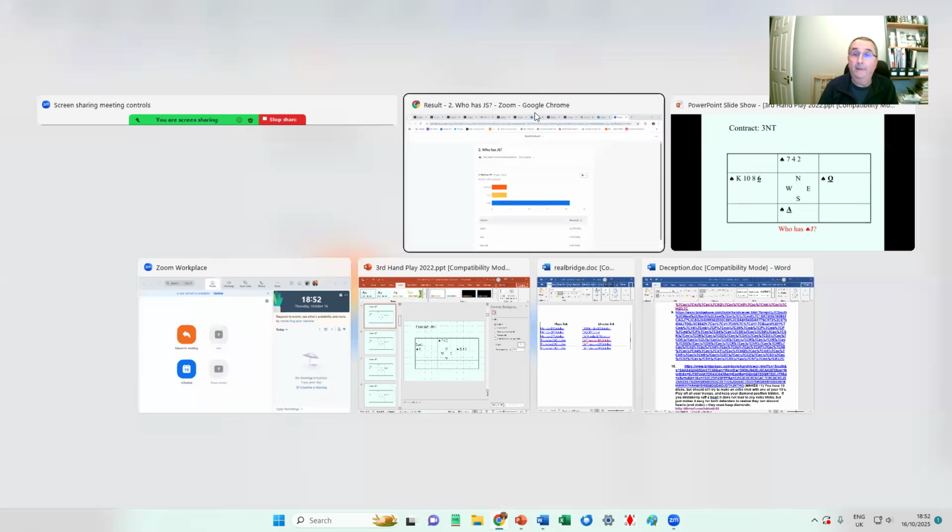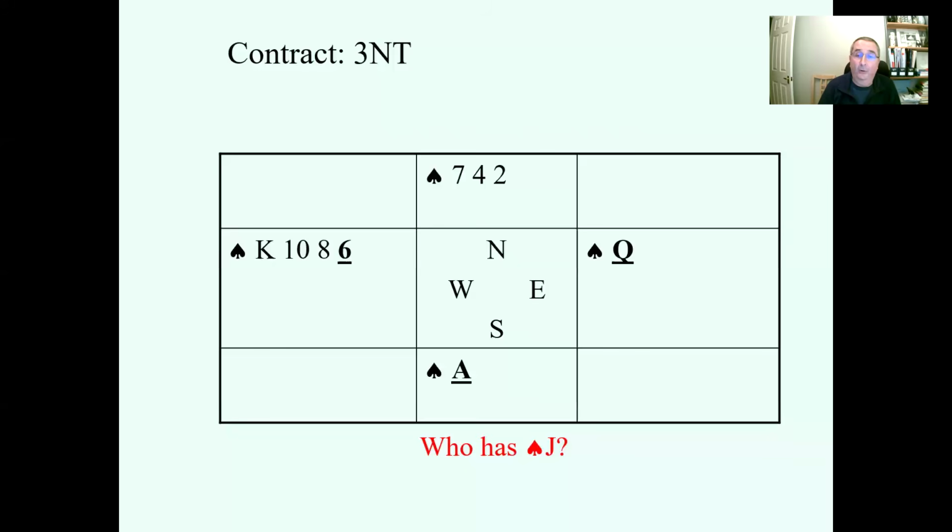And yes, of course, if your partner had the queen and the jack, they should have played the jack, the bottom of two touching honors. So in fact, the moment they play the queen, you know they don't have the jack.